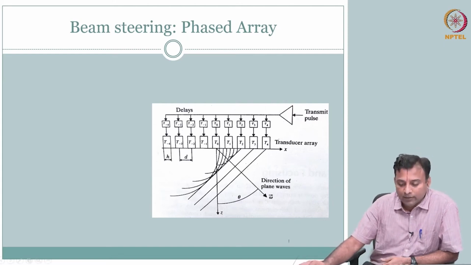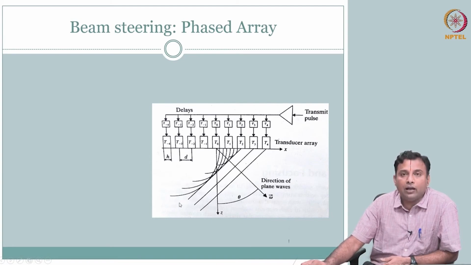So, look at this. If I want this plane, this plane has to go like this. That means when I excite transducer T0, it sends out a wave. If I excite T1, that sends out a wave. If both of them have to be aligned, the phase fronts have to form a line.